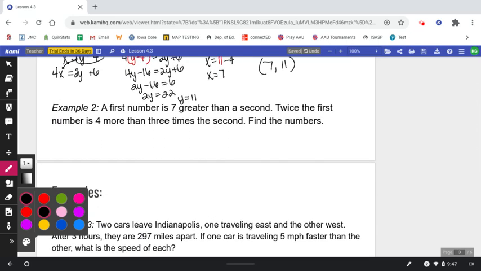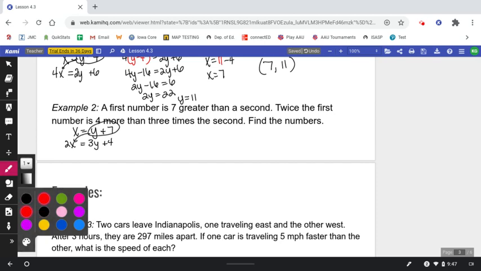Example 2. A first number is 7 greater than a second. So x is y plus 7. Twice the first number, so 2x, is 4 more, that goes to the end, 3 times the second. So again, this one is great setup for substitution.